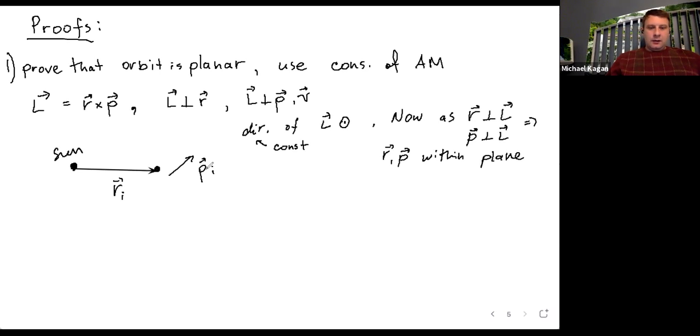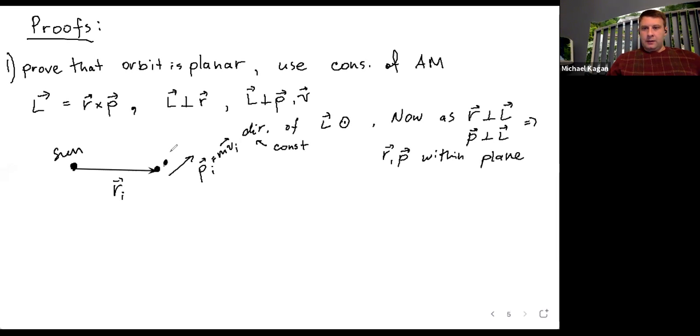Okay, that's almost proving it. So what does P do? P is mv. V tells you which direction the radius vector will change next moment. So next moment, the planet moves somewhere here. It gets a new radius vector that's still within the plane. So if it's still within the plane, that means P has to be within the plane.